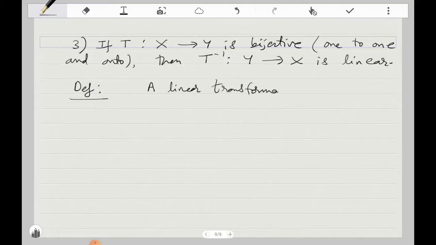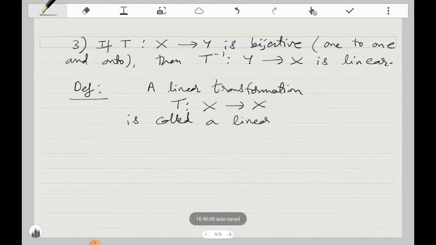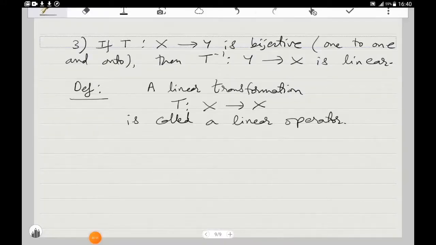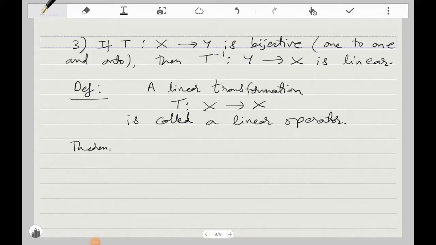A linear transformation from a vector space to itself is called a linear operator. So here's the theorem.